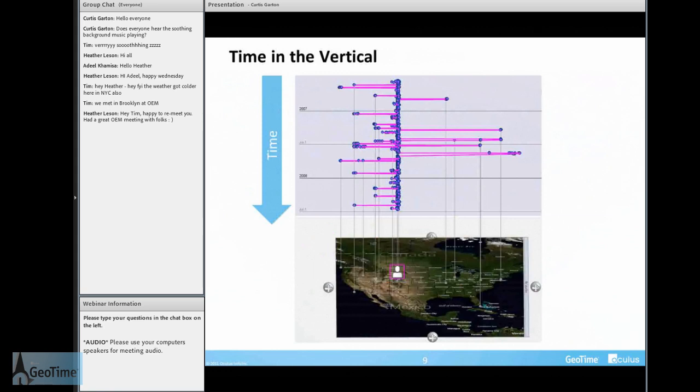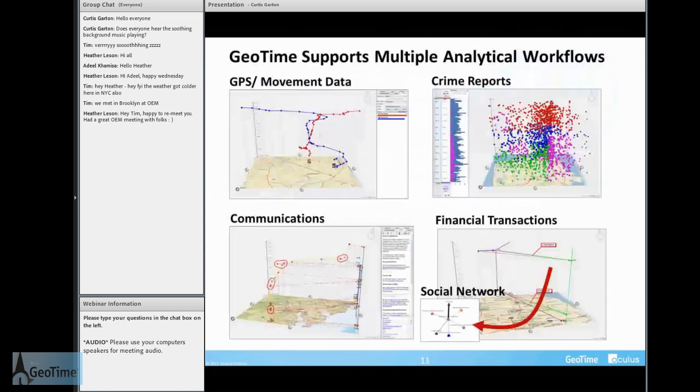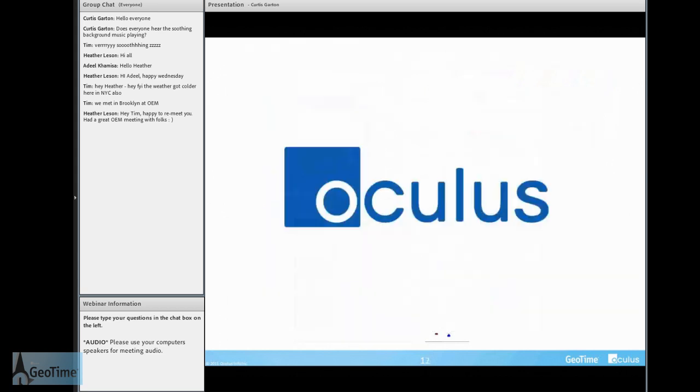Here we can see the full 2 years time range of an individual's movement, as well as the location, so we can see both time and space. This is a product that we call GeoTime. It allows you to see both geospatial and temporal events simultaneously. And this is just some of the ways that GeoTime's been used today. So, just a brief highlight of how we try to solve different data problems in a visual fashion. That's all from me.